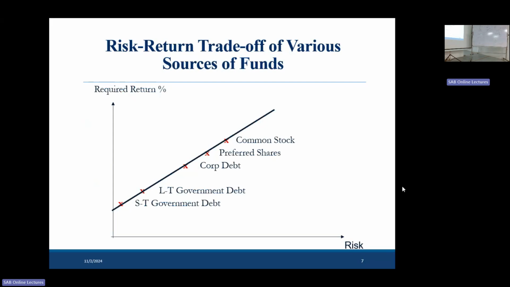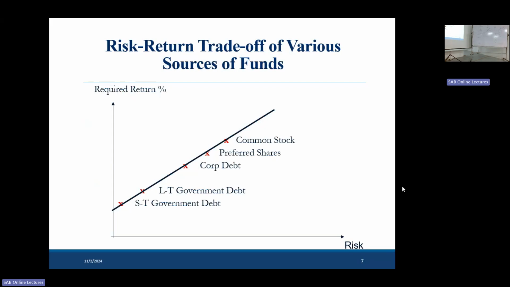This order comes from the theory we call the pecking order theory. According to the pecking order theory, if a company goes bankrupt, first we have to settle the debt, bank loans, debentures, that kind of debt. Then preference shares.